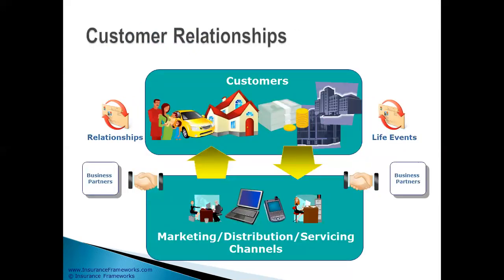In Panorama 360, we cover those various aspects: customers, either from a personal lines perspective or individual lines, to the commercial side of the business. We also have the relationship side, the life event elements, business partnerships between our life and property and casualty companies, and external stakeholders that participate in the value chain from a marketing, a distribution, or a servicing perspective.